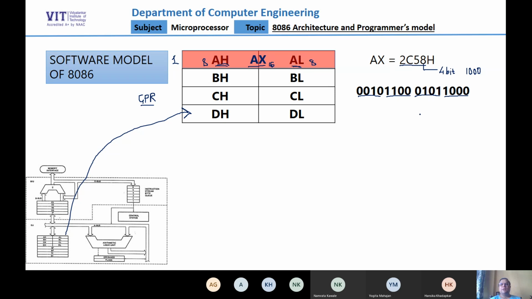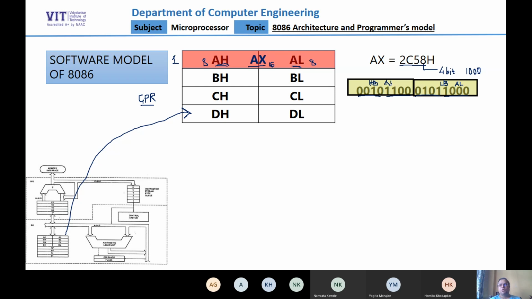And then if I write the instruction to store this number into the AX register, what will happen is this: the lower byte of the number will be stored into the AL part of AX, and the higher byte of the number, that is 2C, will be stored inside the higher part of AX, that is AH.